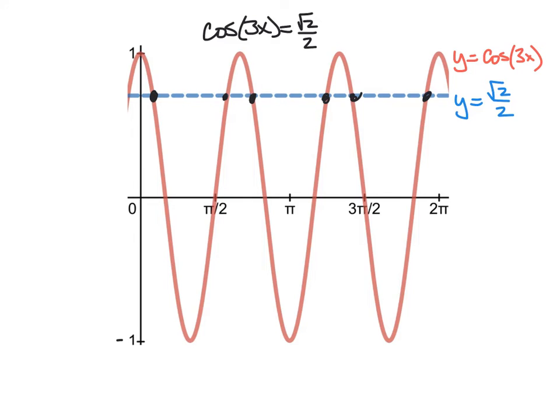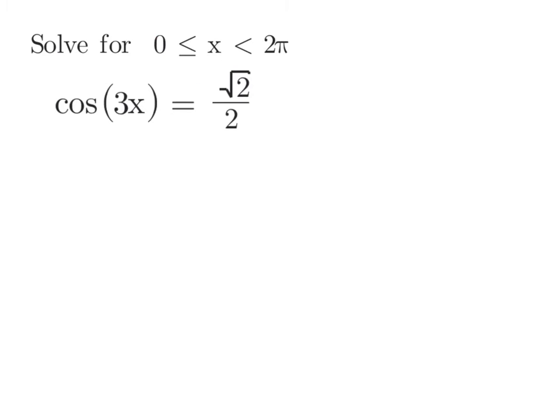That's because when we look at breaking up the cosine of 3x, that's one period. Then we would go to the second period and then to the third period. Since our solutions x have to be between 0 and 2 pi, that would mean that 3x would have to be in between 0 and 3 times that, or 6 pi.